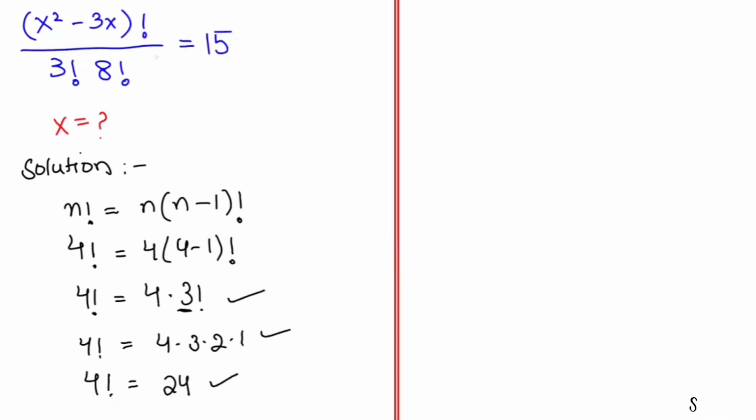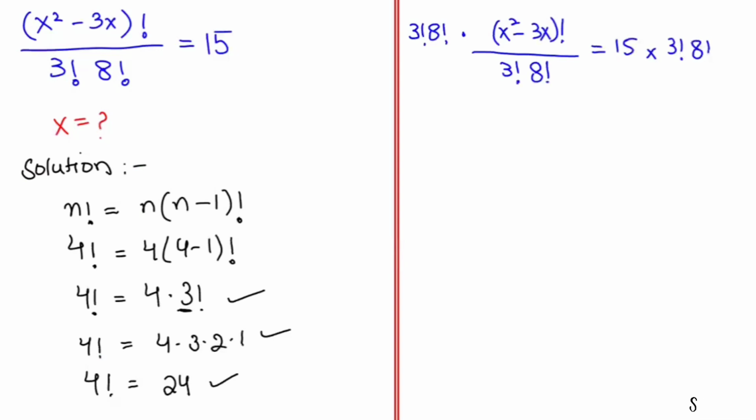Now in the first step, our 3 factorial and 8 factorial are dividing. So I am going to multiply 3 factorial times 8 factorial on both sides: (x² − 3x)! over 3! 8! equals 15 times 3! 8!.